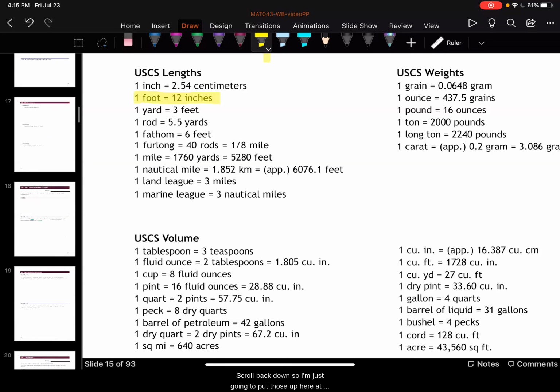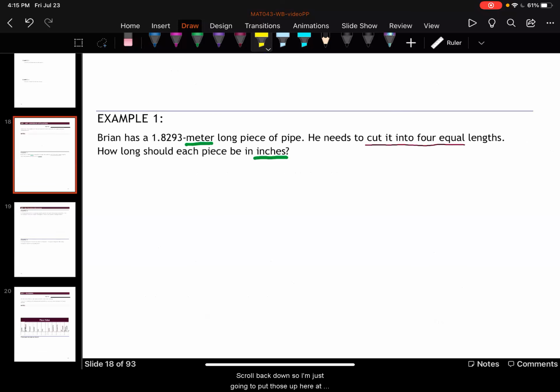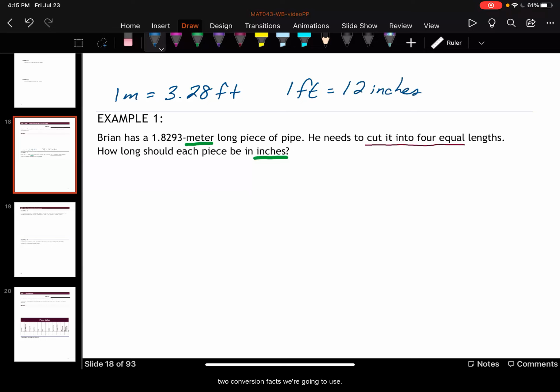Let me scroll back down. So I'm just going to put those up here at the top. So we had the 1 meter equals 3.2800 feet, and 1 foot equals 12 inches. Those are going to be our 2 conversion facts we're going to use.